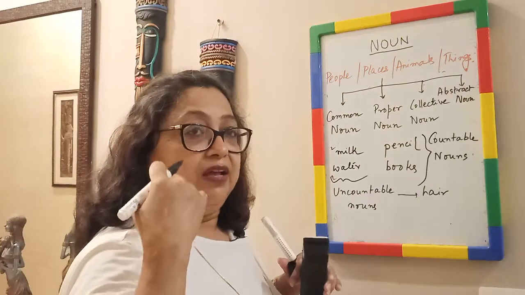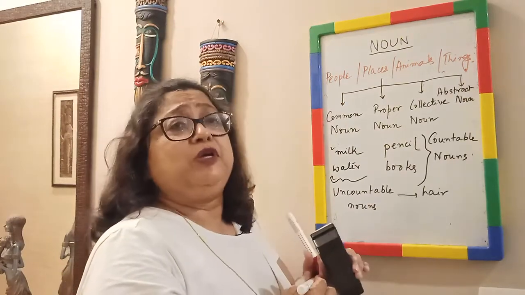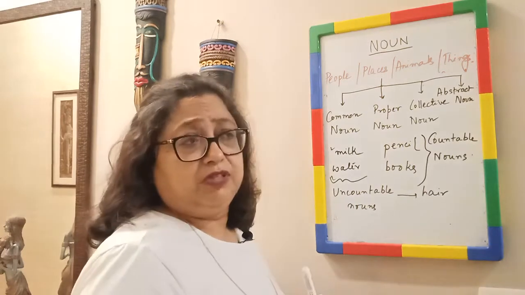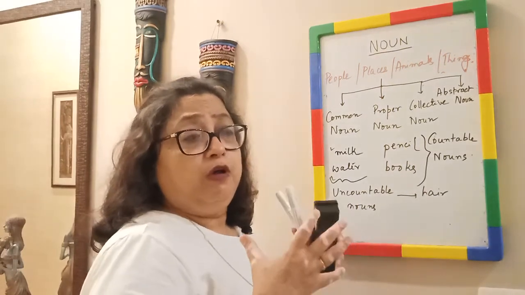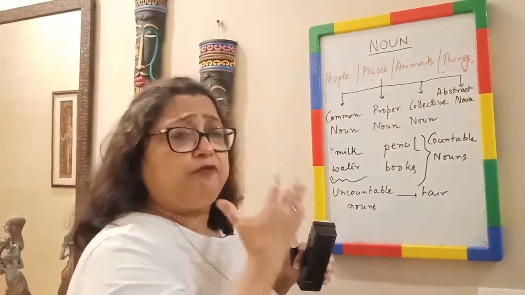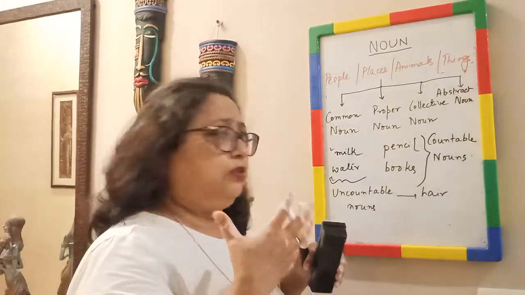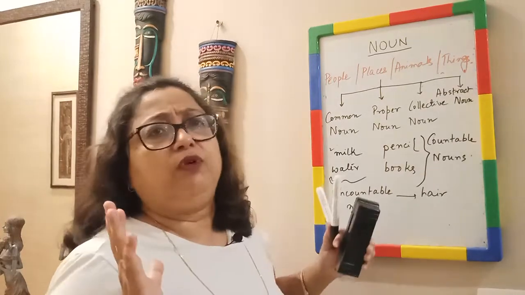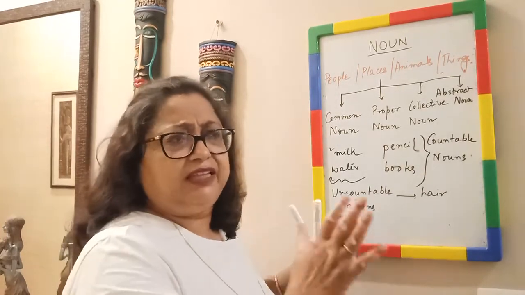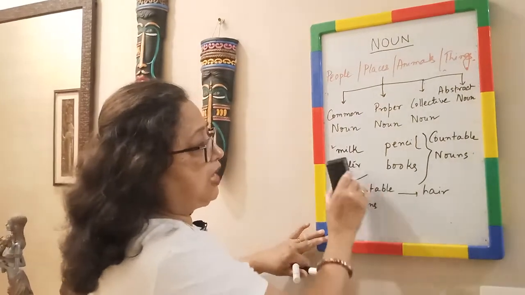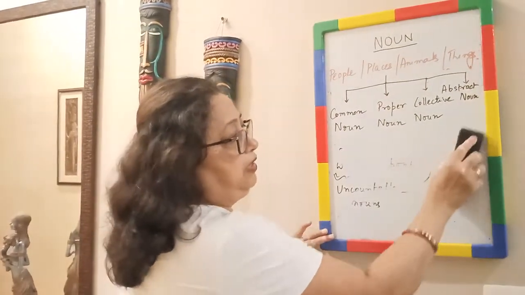Is it possible to count how many hairs you have on your head? No, it is uncountable. So you have to understand, this is very easy. First you have to give a thought to what are the things which we can count. Those are countable. Which we cannot count is uncountable. It's very easy, there is no difficulty in it. So here come the countable nouns and the uncountable nouns.